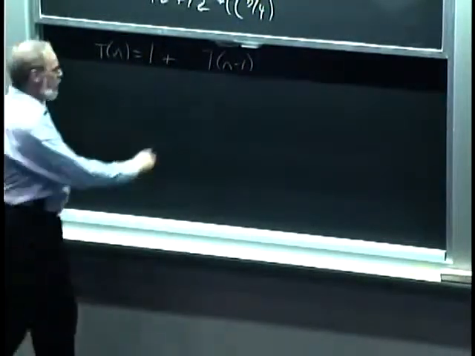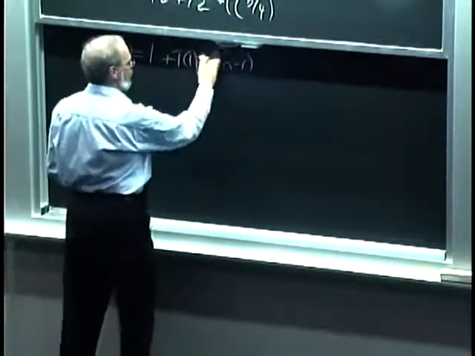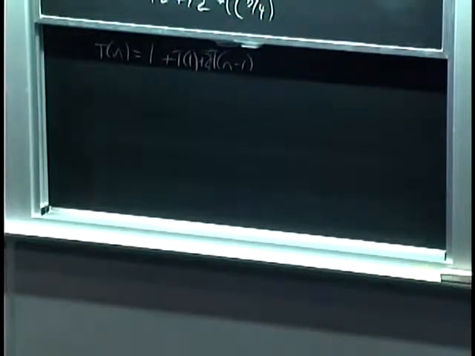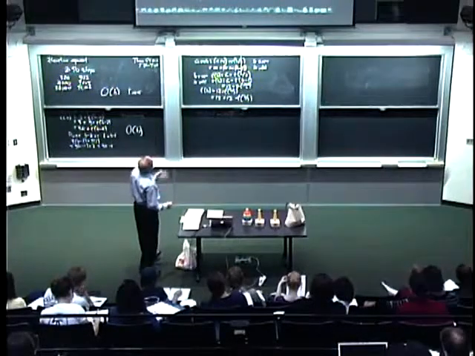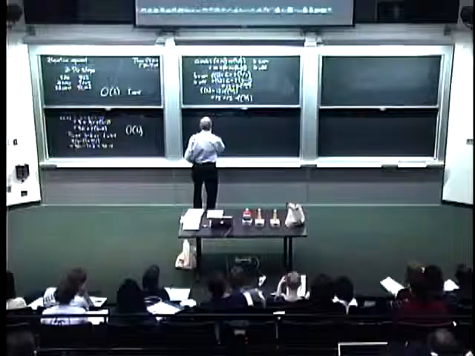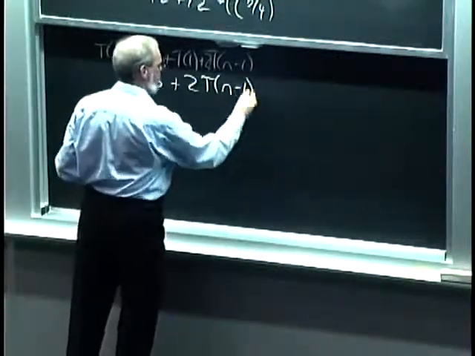I need to move a tower of size 1. And I need to move a second tower of size n minus 1. T of 1 I can also reduce. In the case of a tower of size 1, basically there are two things to do, right? I got to do the test and then I just do the move. So the general formula is that.